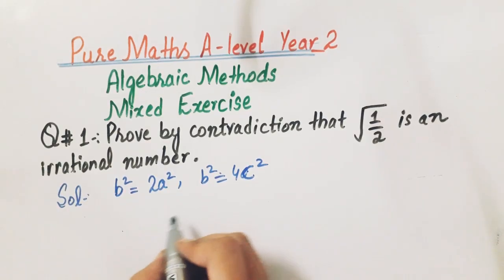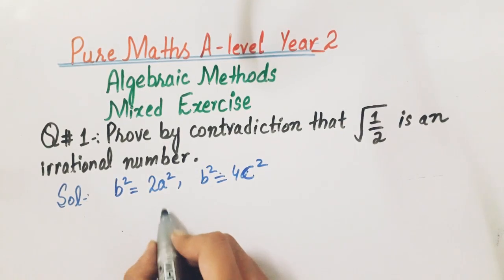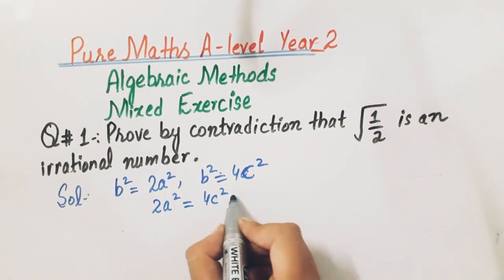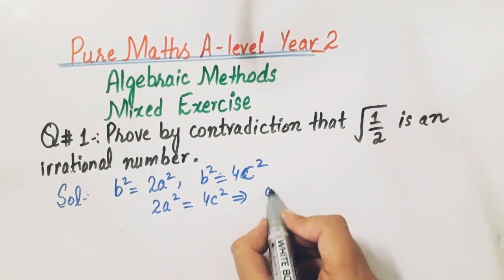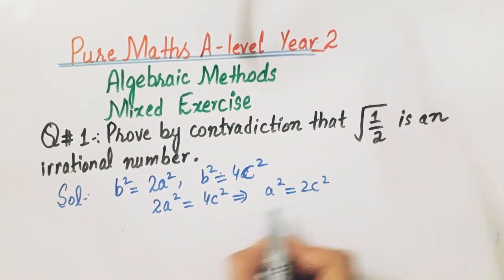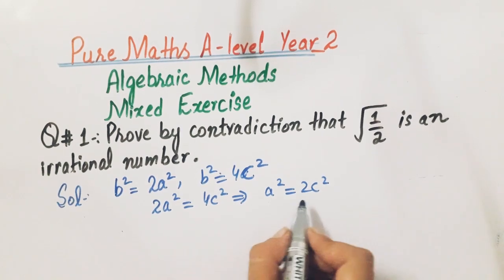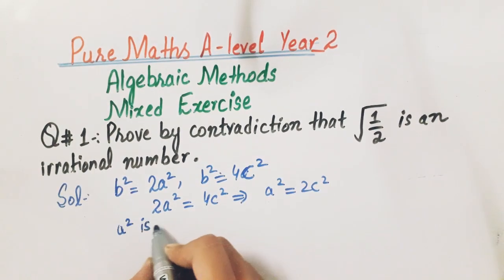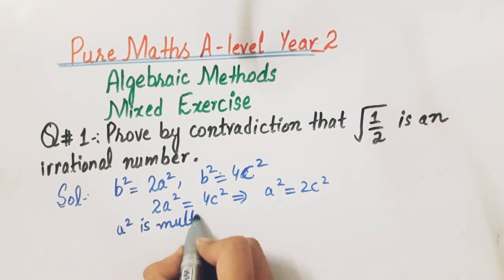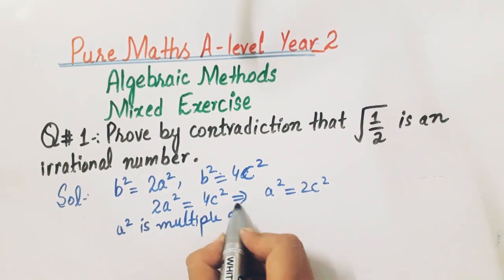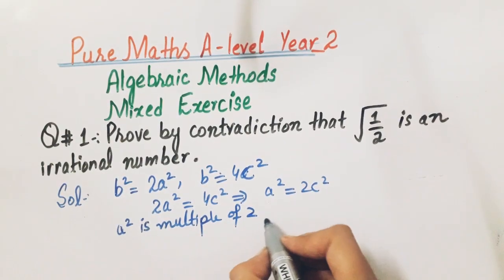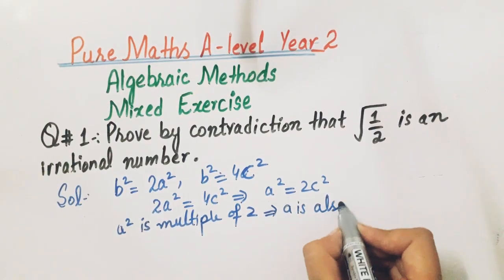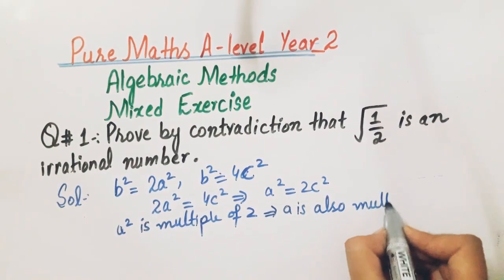Now comparing both equations, we get 2a squared equals 4c squared, which implies that a squared equals 2c squared. It means that a squared is also a multiple of 2. If a squared is a multiple of 2, this implies that a is also a multiple of 2.